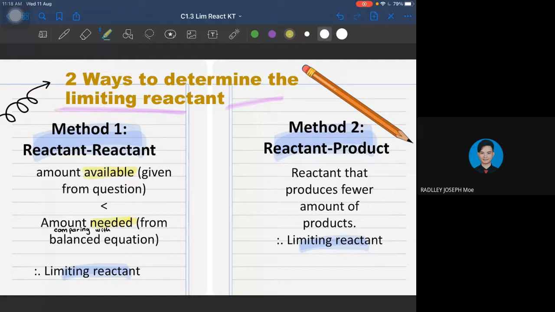So macam contoh, satu reactant menghasilkan berapa produk. So kalau amount of product tu sikit, that means itu adalah limiting reactant. Okay, reactant that produce fewer amount of product. Okay, so nanti Miss akan ajar dua-dua method. Tapi for the rest of your exercise, kamu boleh pilih mana-mana method yang kamu prefer lah.